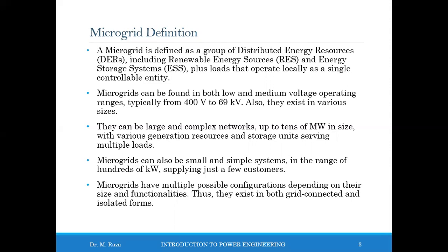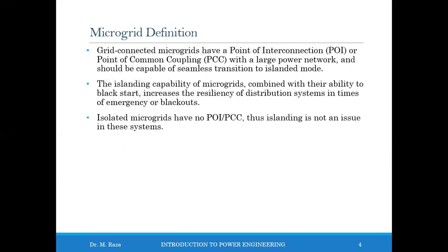Microgrids have multiple possible configurations depending on their size and functionality. Thus, they exist in both grid-connected and isolated forms. Grid-connected microgrids have a point of interconnection, abbreviated as POI, or point of common coupling, abbreviated as PCC, with a large power network and should be capable of seamless transition to islanded mode.